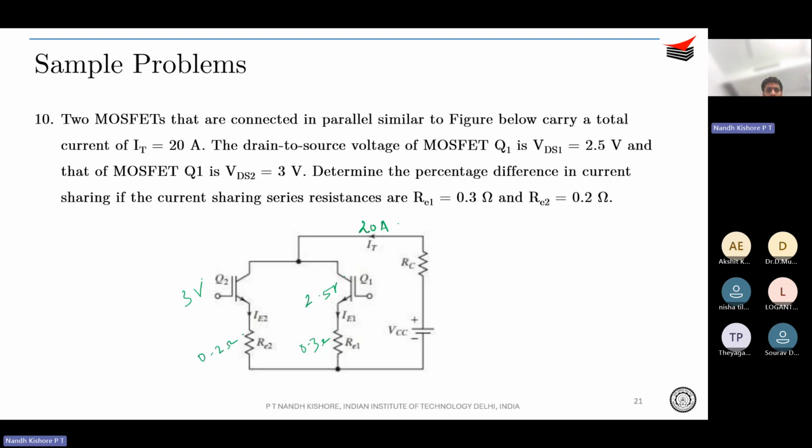Determine the percentage difference in current sharing. So basically we will find out what IE1 and IE2 are, find the ratio, and from that we can find the difference in current sharing.